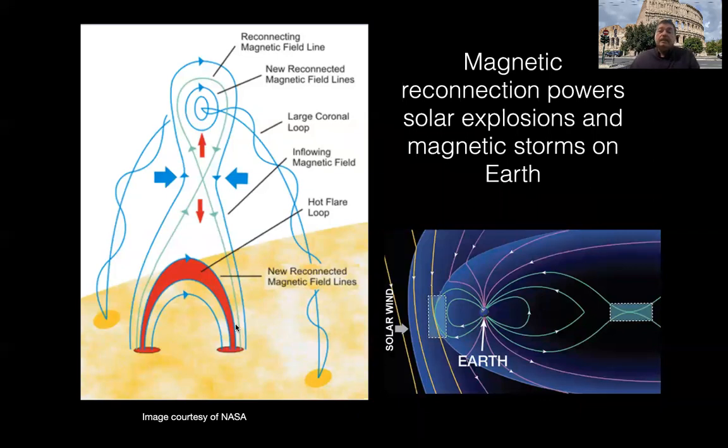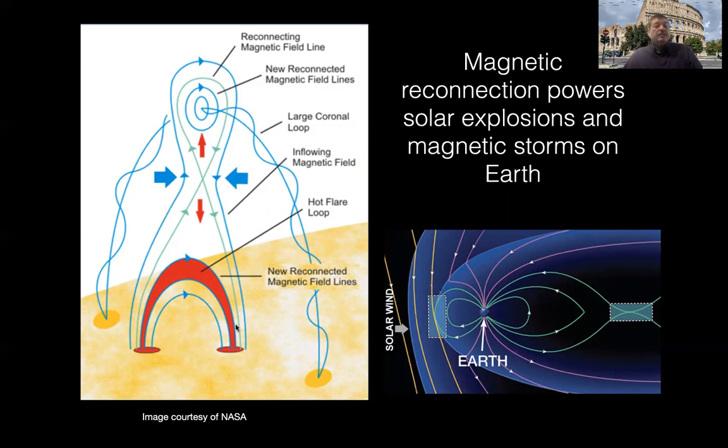And then at Earth, it's magnetic reconnection which dominates the transfer of energy from the solar wind to Earth's magnetosphere. And so that is what is powering magnetic storms here on Earth.